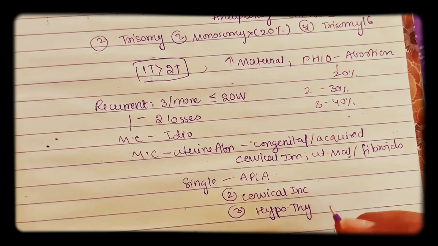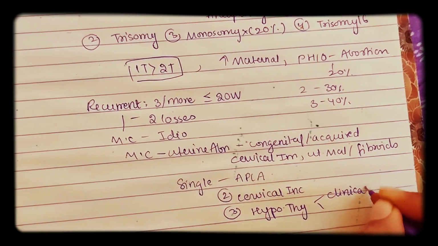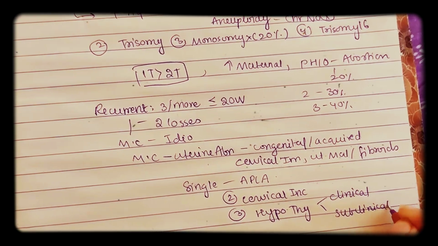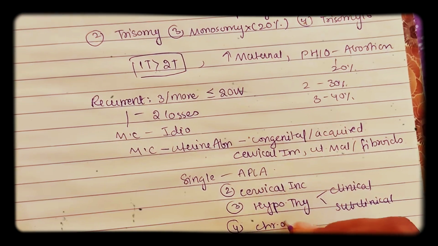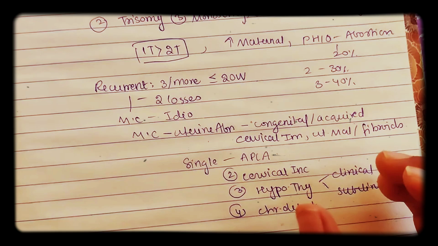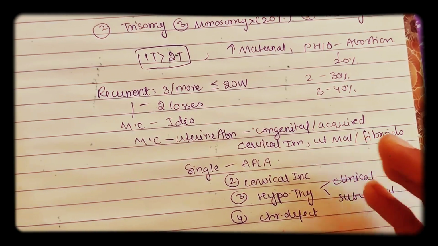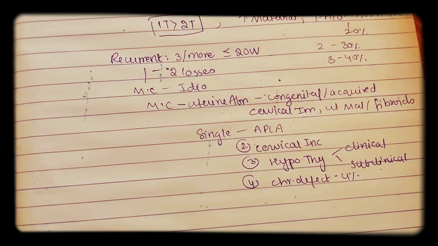Hypothyroidism can be clinical or subclinical, and both may be causes of abortion. The fourth best answer would be chromosomal defect, like balanced translocation of chromosome in either of the parents. Only 4% of recurrent abortions are due to this.